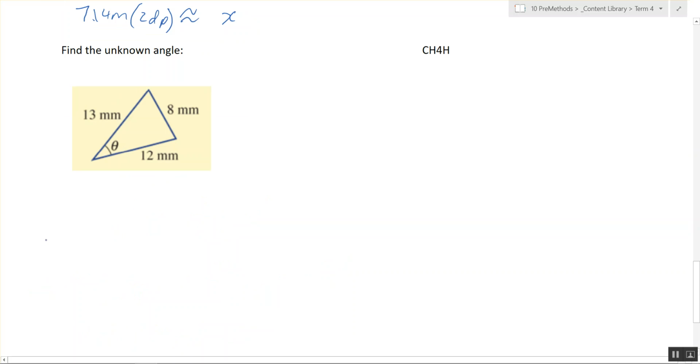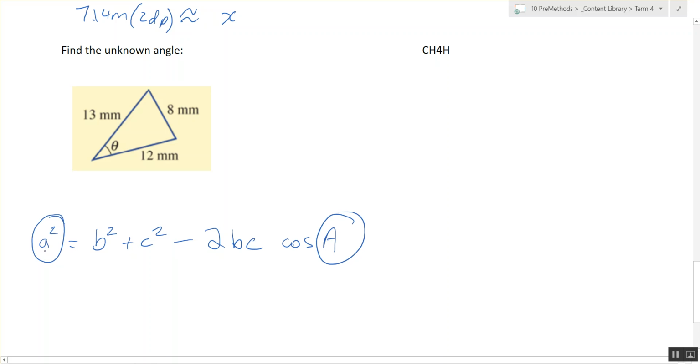Kind of like Pythagoras theorem. Do you remember that? Yeah. But there's this little extra bit at the end. It's the same letter at the end as the start. So if we know 3 sides, so it's cosine.